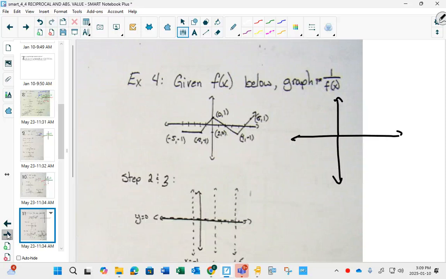So first of all, do we have any x-intercepts? Yes. We have an x-intercept at -1. We have an x-intercept at 2. And 3, 4. We have an x-intercept at 5.